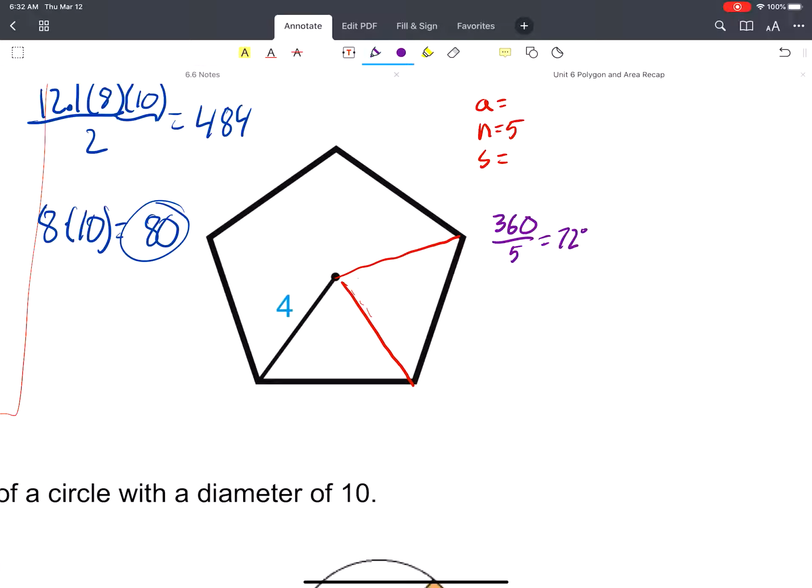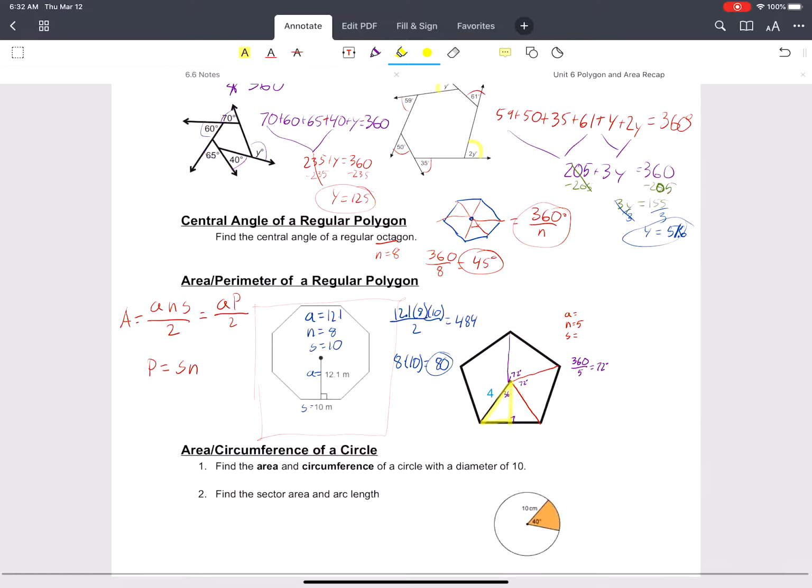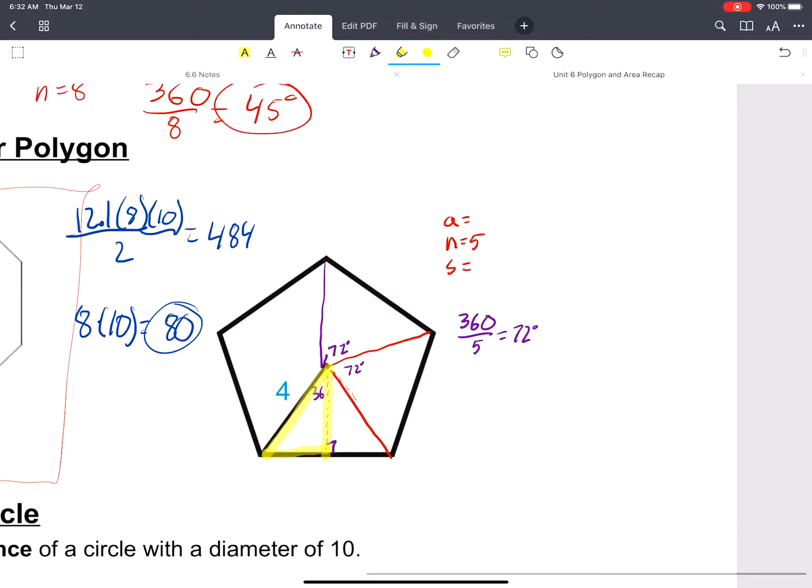What this is going to help me find: if this vertex of each of these triangles is 72 degrees, then if I split this in half into 2 right triangles, half of 72 would be 36. What I'm trying to do here is create a right triangle, because if we're able to create a right triangle, we're able to find missing measures of that right triangle.